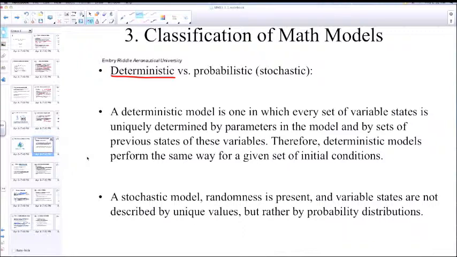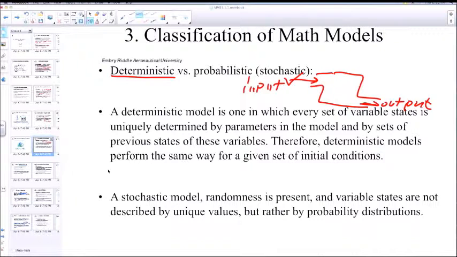If you think about a model as a structure with input here and output here, in a deterministic model, if you give a concrete input, you are going to get the exact same output each time. That's deterministic. A stochastic model depends on some randomness.